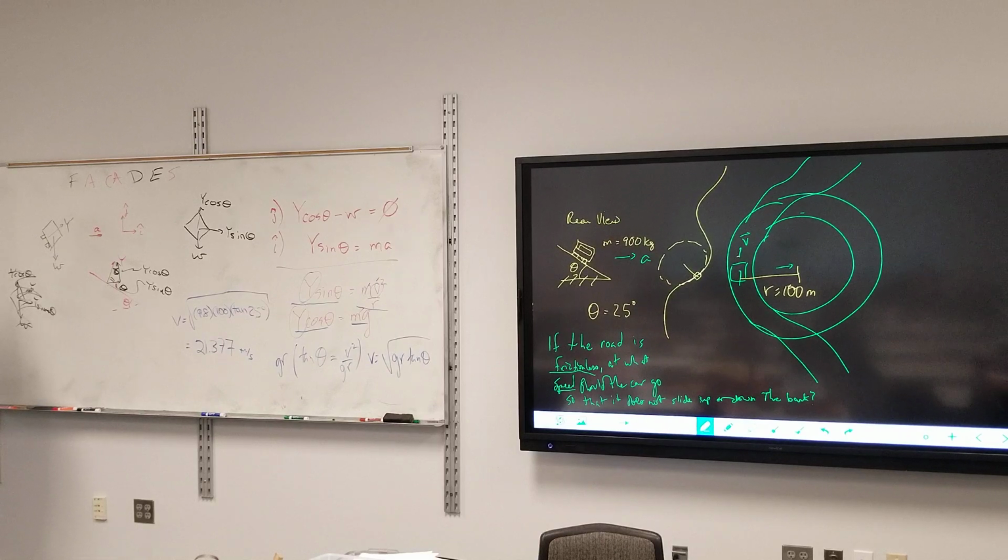Now, if there is friction, which way is friction gonna go? I think it's going to go up the ramp, because when you're on a slope, let's say the slope is ice, you slide this way, so friction would be opposing that.